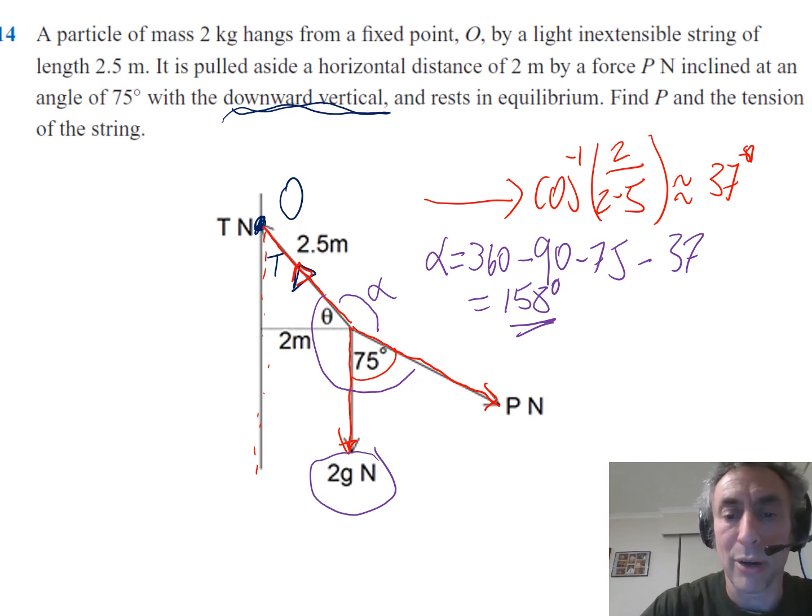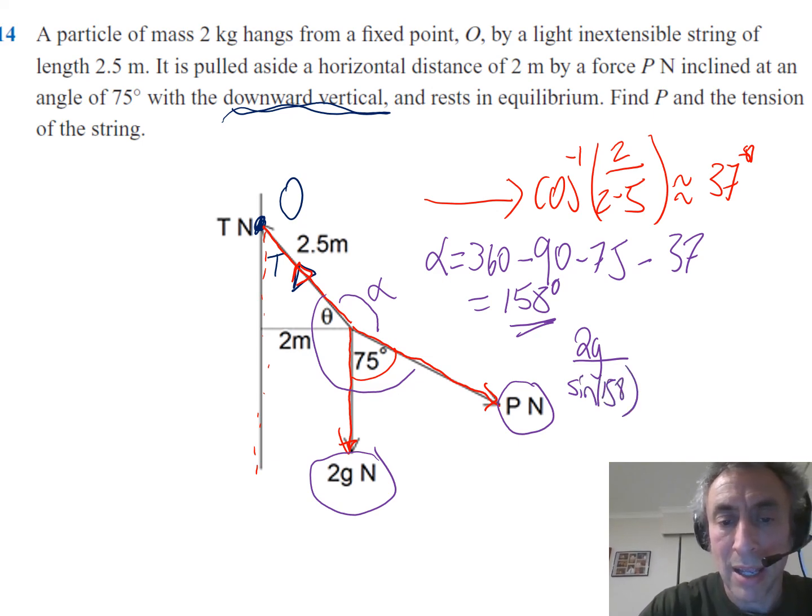Okay, so I can just set it up via Lami's theorem. Why not? Because I've got to work out the magnitude of a force, so unproblematic. So 2G is to sine of 158, as P is to sine of 90 plus 37, sine of 127.